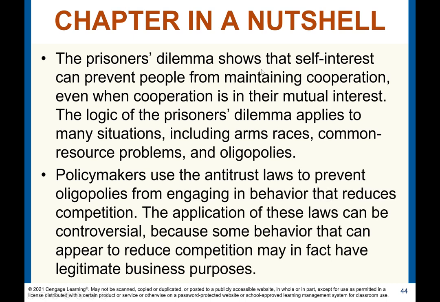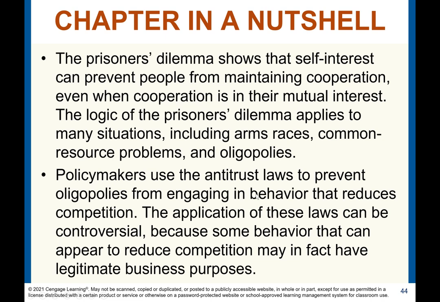The prisoner's dilemma shows that self-interest can prevent people from maintaining cooperation, even when cooperation is in their mutual interest. The logic of the prisoner's dilemma applies to many situations, including arms races, common resource problems, and oligopolies.